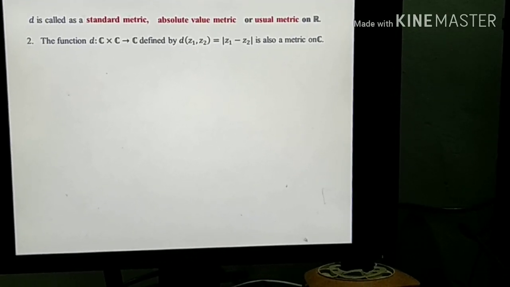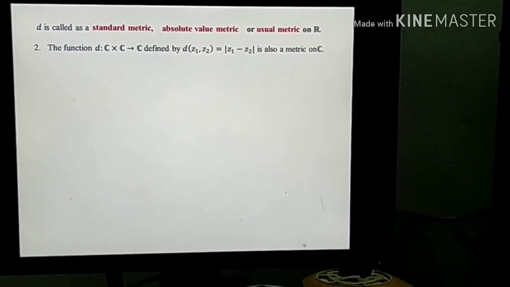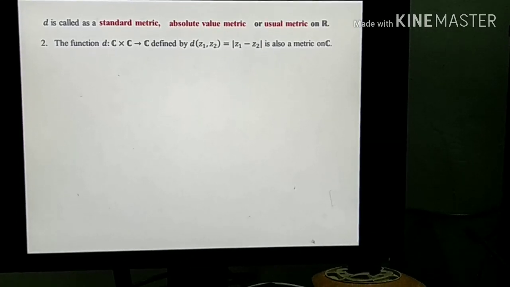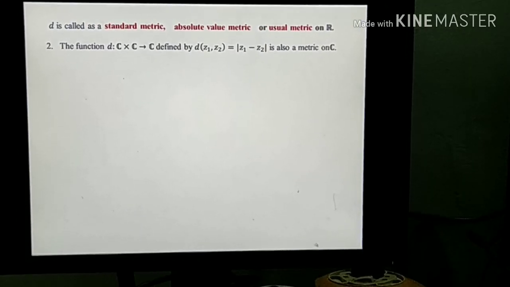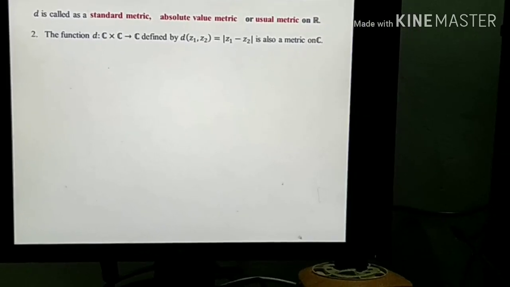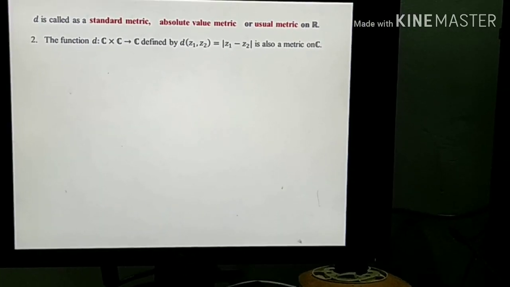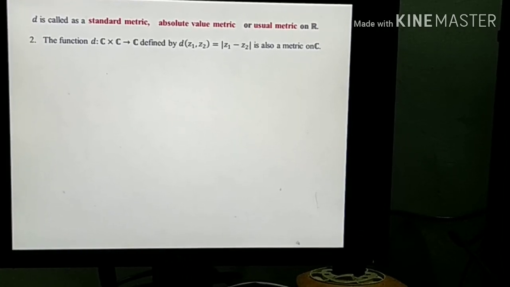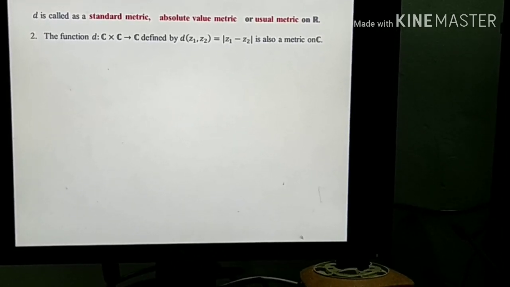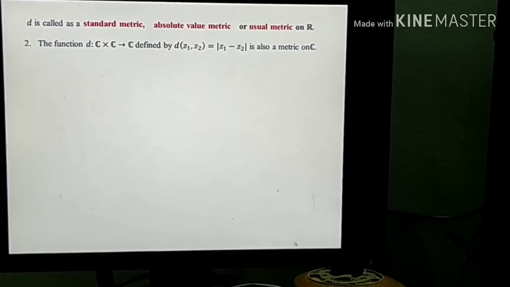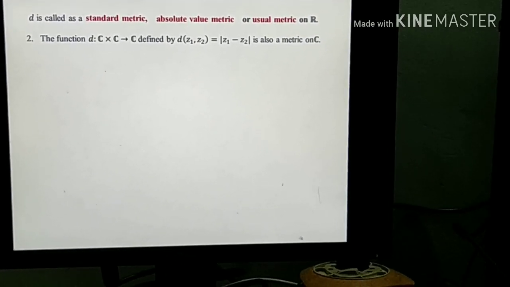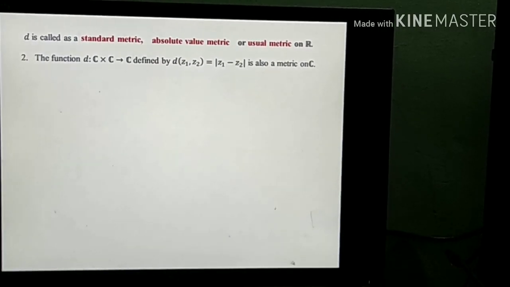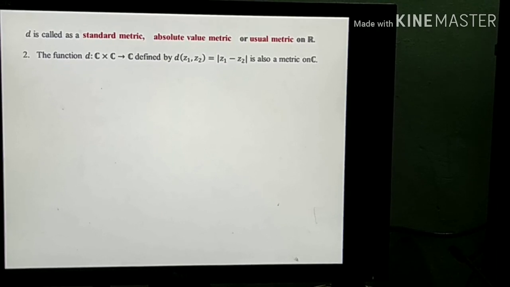It is also a metric on C, as this absolute value function on the set of complex numbers is the same as the absolute value function for the set of real numbers. It satisfies all four properties, similarly to d in example 1. Therefore it is obviously a metric on C, and it is also called the absolute value metric on the set of complex numbers.